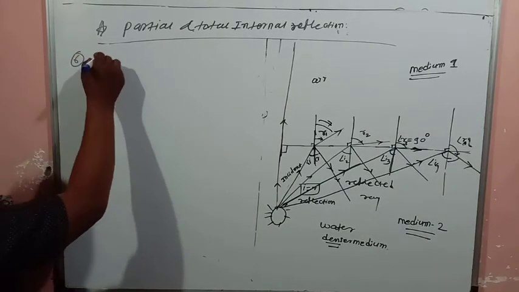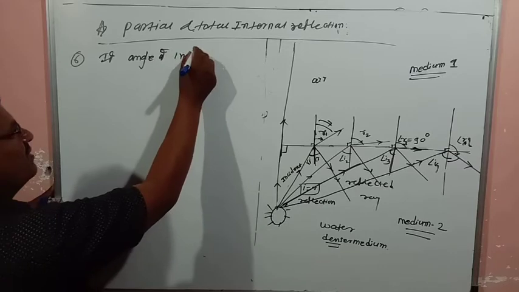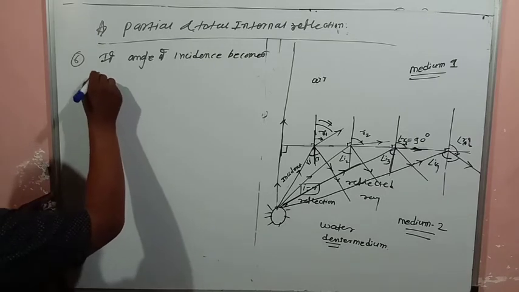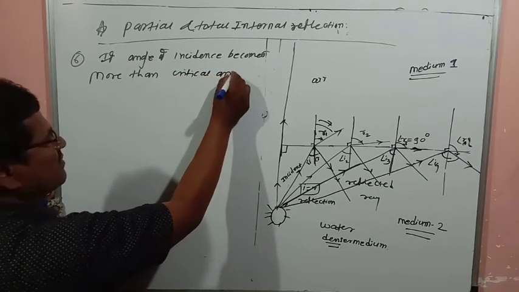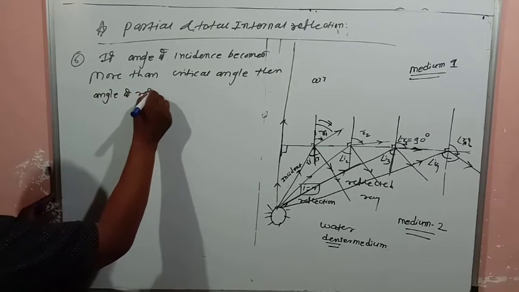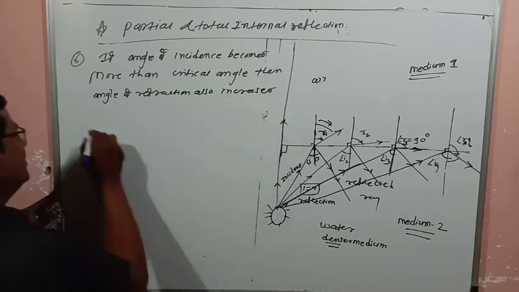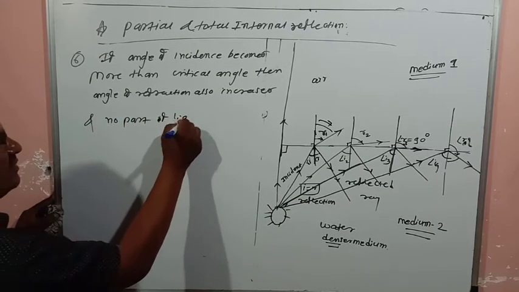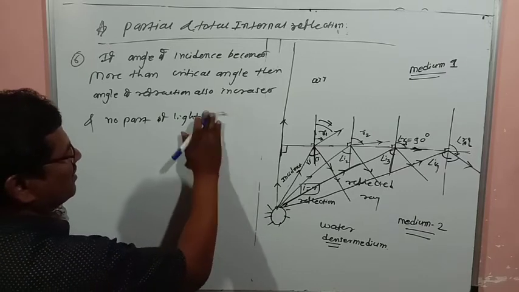Point number 6. If the angle of incidence becomes more than the critical angle, then the angle of refraction also increases, and no part of light is refracted.